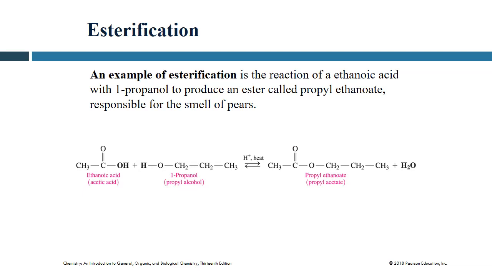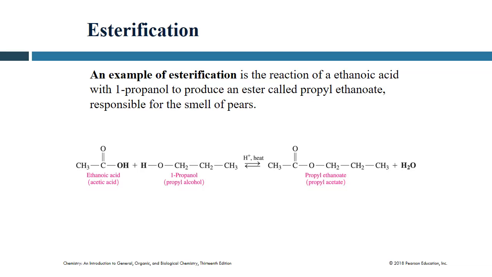So here's another example of an esterification reaction. Here we've got ethanoic acid, acetic acid, reacting with 1-propanol. And the resulting compound is something called propylethanoate. Now, don't worry. You don't need to know how we came up with that name. I'm not going to ask you any questions about the naming of esters.